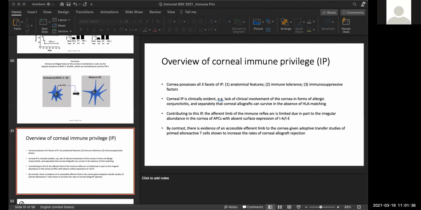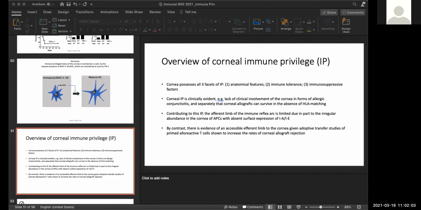I have one question. I'm wondering, is there a physical barrier between the limbus and the corneal parenchyma that would prevent activated antigen presenting cells from being able to migrate into that tissue?